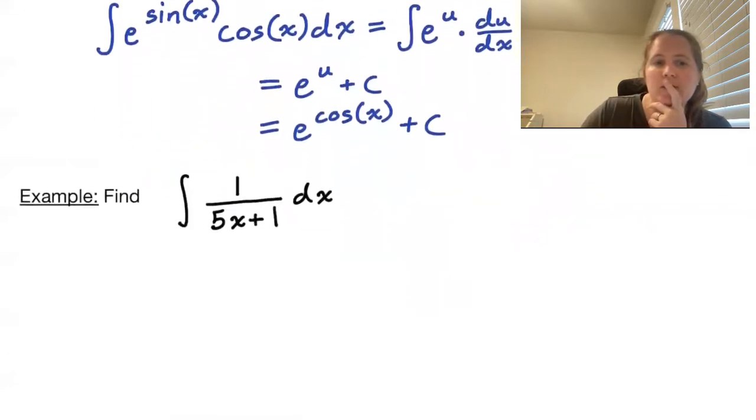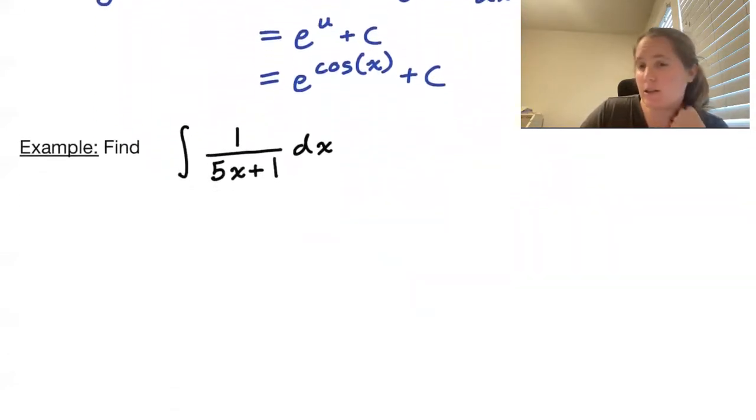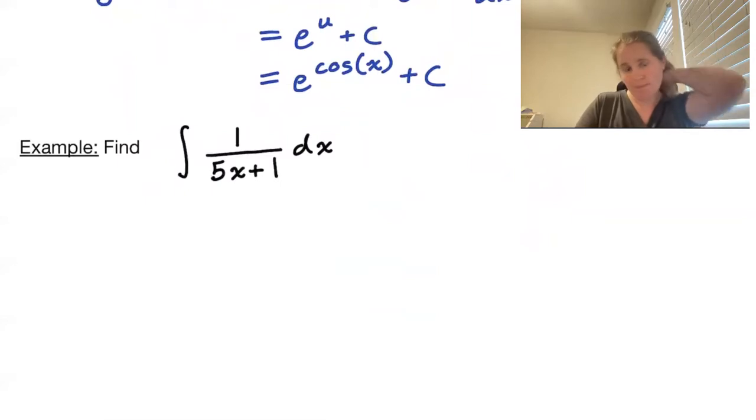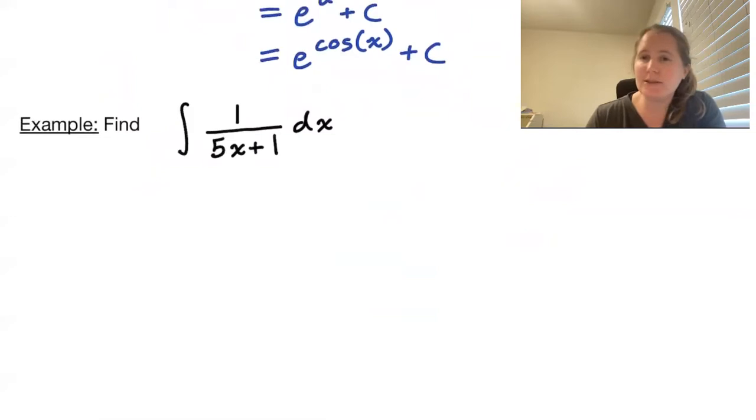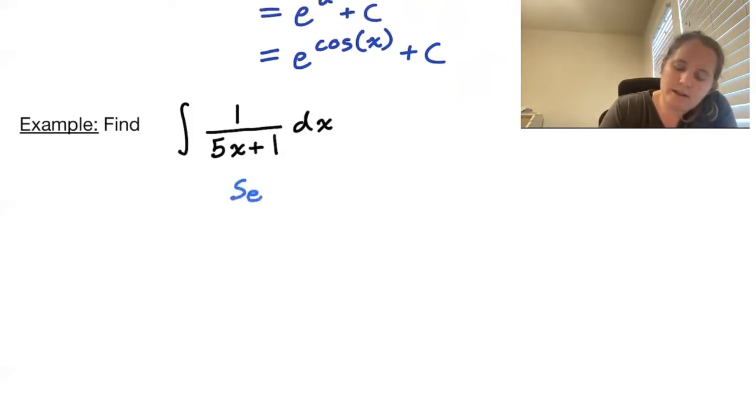All right, let's do one more, and I'm going to slightly change notation this time around. This new notation will be the official u-substitution notation. Here we want to find the integral of 1 over 5x plus 1 dx. And 5x plus 1 appears to be the inside function of 1 over u, right? So we're going to set u equal to 5x plus 1.